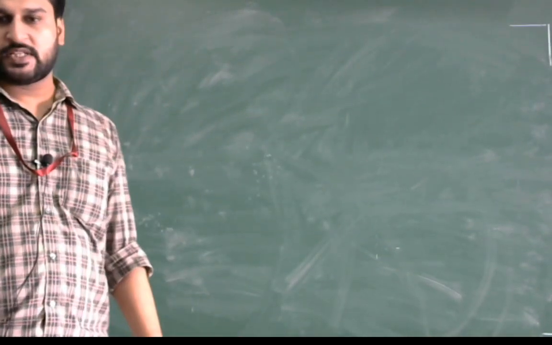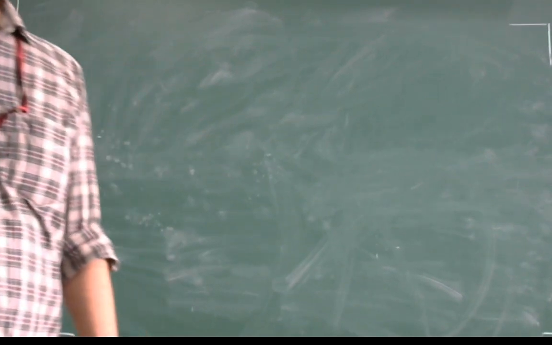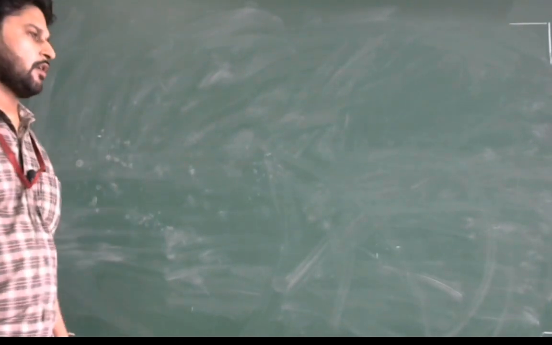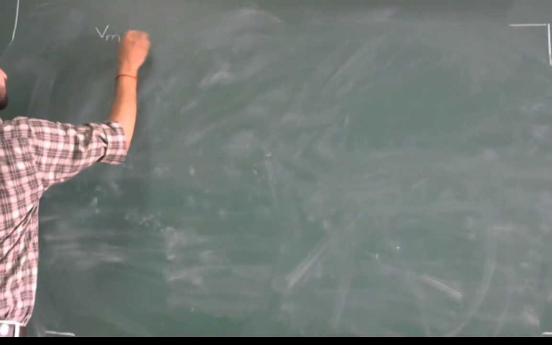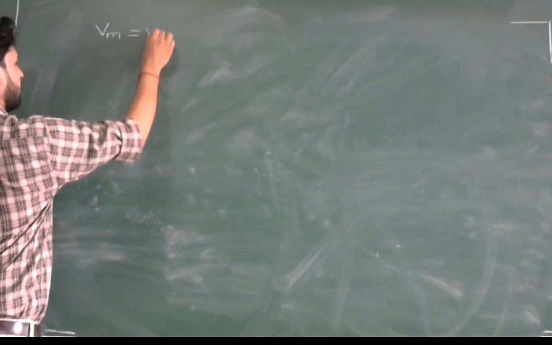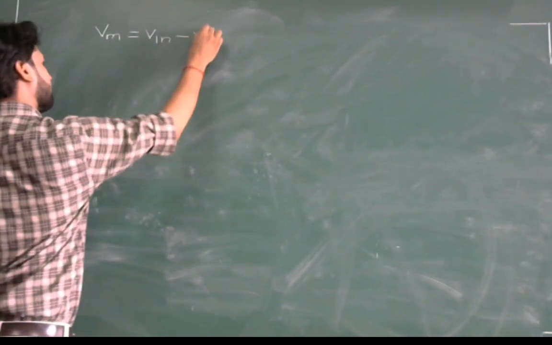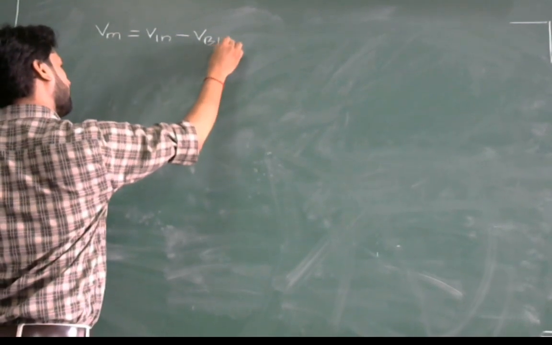The problem is there is an extra term between input and output, and this extra term is VBE. When I am measuring the output VM, this is equal to V in minus VBE.